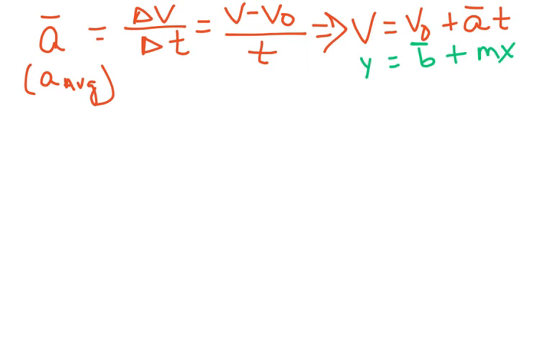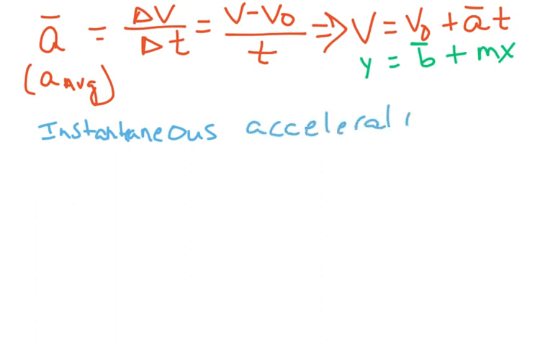All right, instantaneous acceleration. Again, instantaneous, just a fancy word for right now. So again, a picture versus a video. So average is a video, instantaneous is right now or a picture.